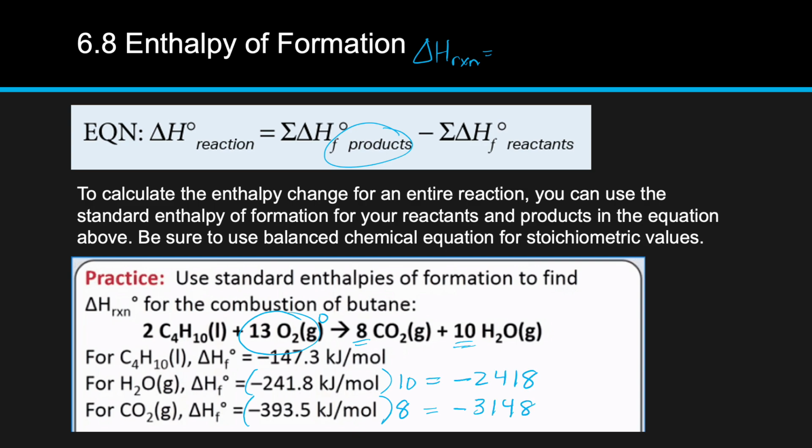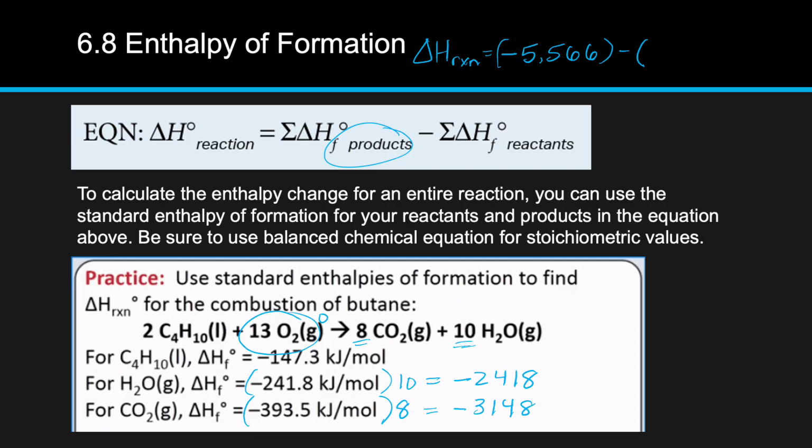So that's going to give you negative 2,418 kilojoules per mole for water and negative 3,148 kilojoules per mole for carbon dioxide. So when we add those up, which is all of our products, that's going to give us a value of negative 5,566 kilojoules per mole.